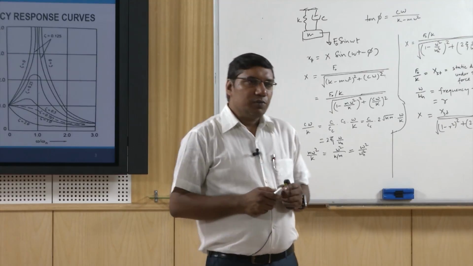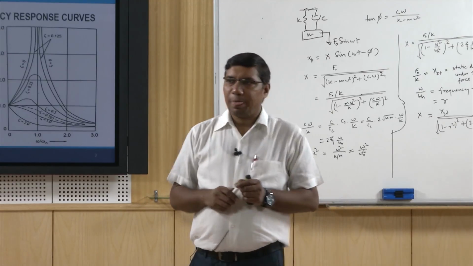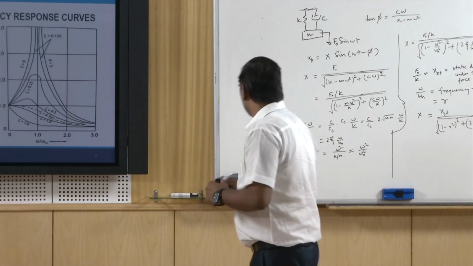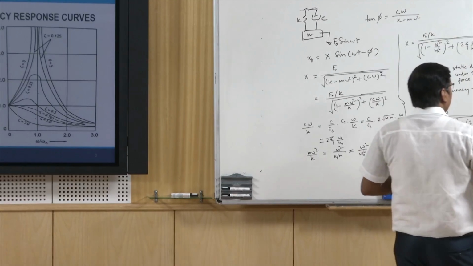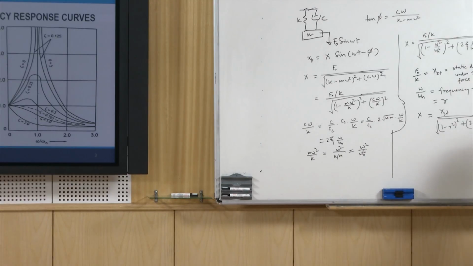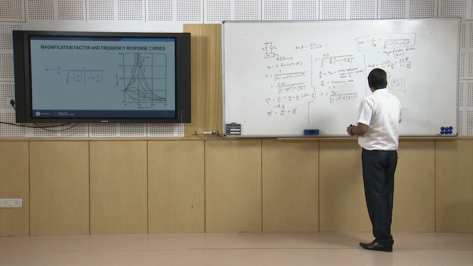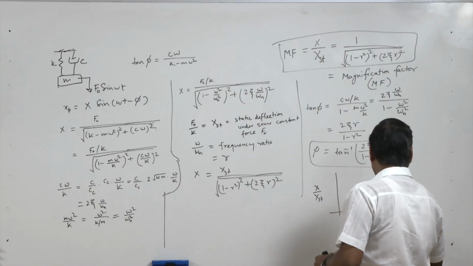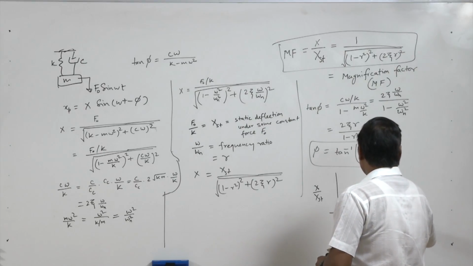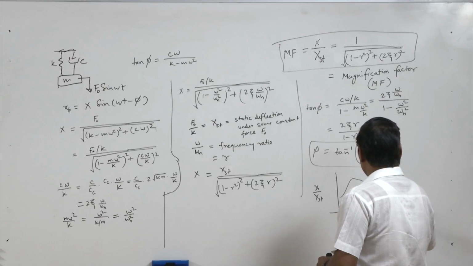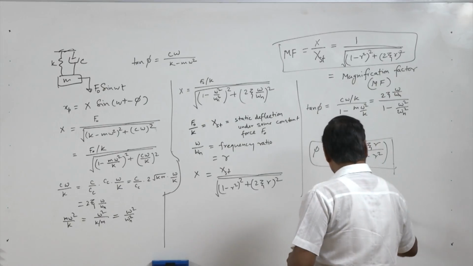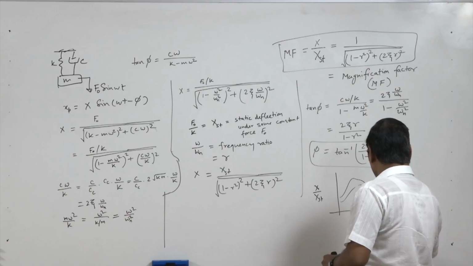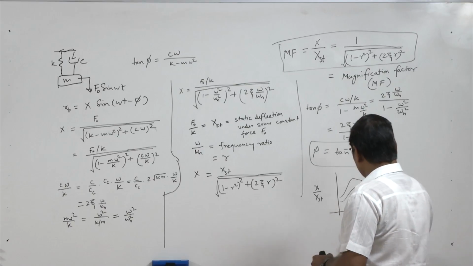So for example, if we take here X by xst and here r, that is omega by omega n, the frequency ratio, for some damping we are getting some curve, then for other damping we are getting some other curve.